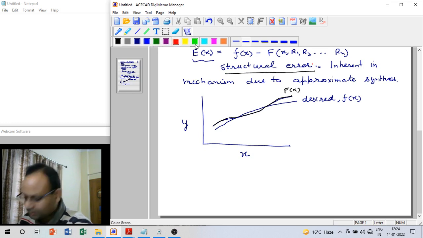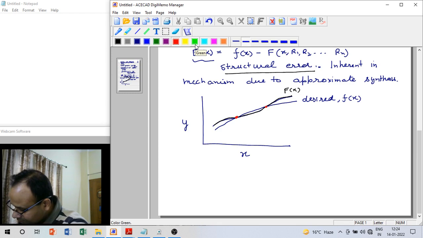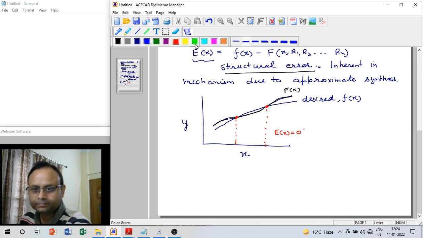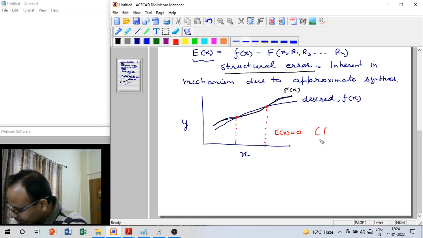Now you can see there are some points like this point here. At these points the error is 0. So these points are called accuracy points, or you can also call them precision points.